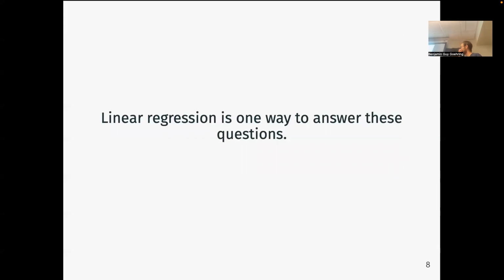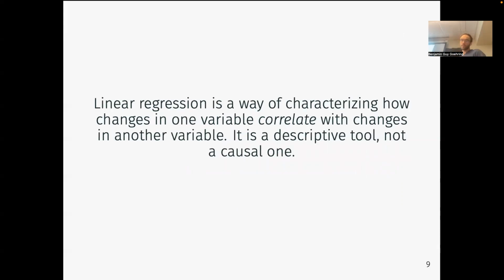Okay, and linear regression is going to be one way to answer these questions. As I said, it's going to be a way of characterizing how changes in one variable, in this case changes in median income, correlate with changes in another variable, in this case Trump's share of a county's vote in 2016.